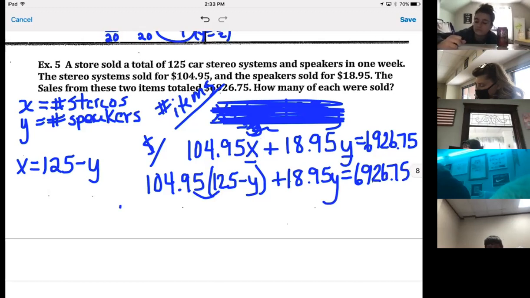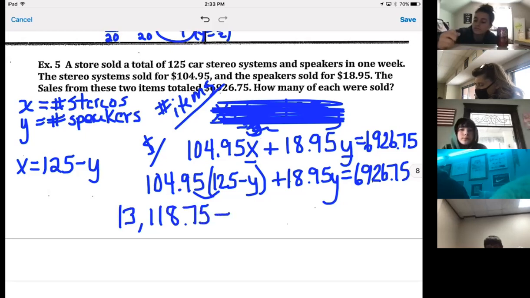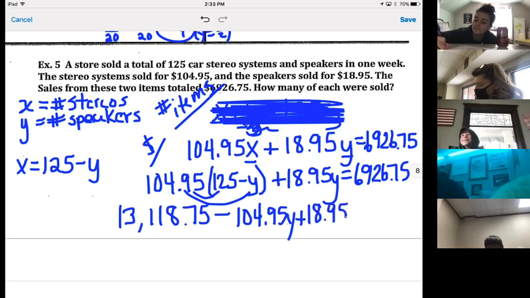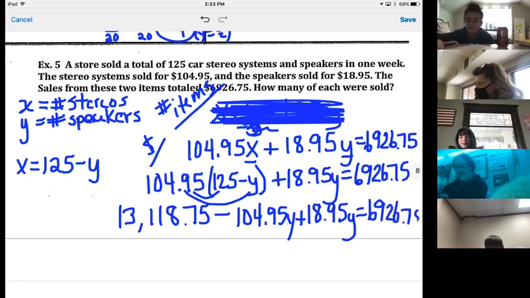Wow, that's 13,118.75 minus 104.95Y plus 18.95Y equals 6,926.75. It's a big one.